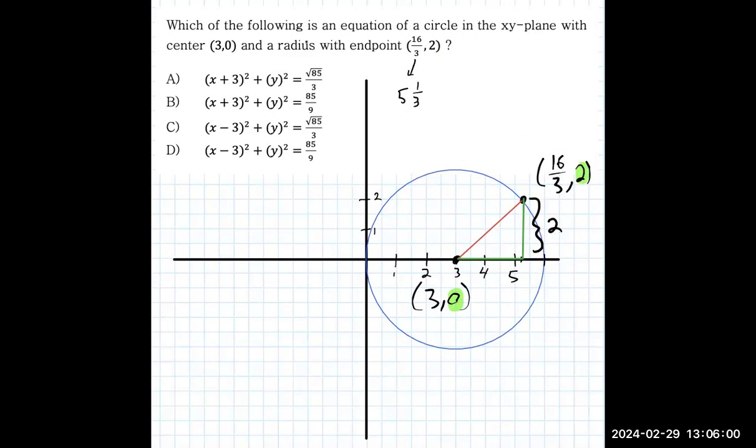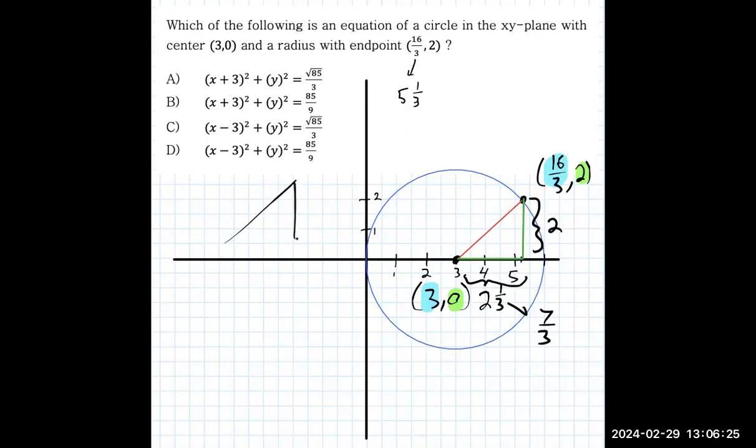And the horizontal length is going from 3 to 5 1/3. So 16/3 minus 3, by arithmetic or on your calculator, that's 2 1/3. Also known as 7/3 if you convert from the mixed number to the improper fraction.